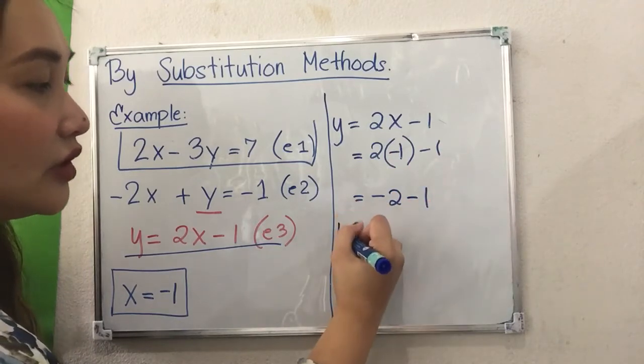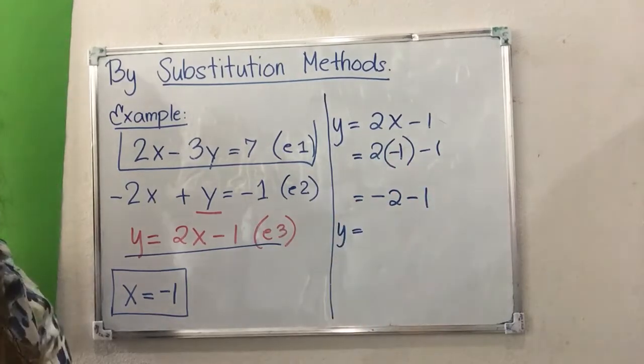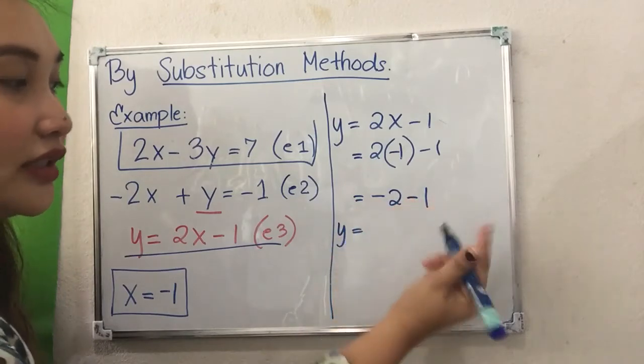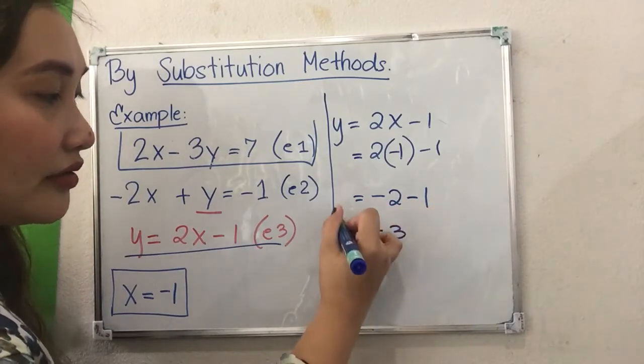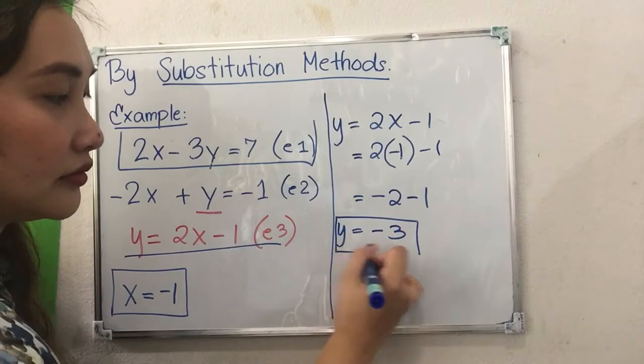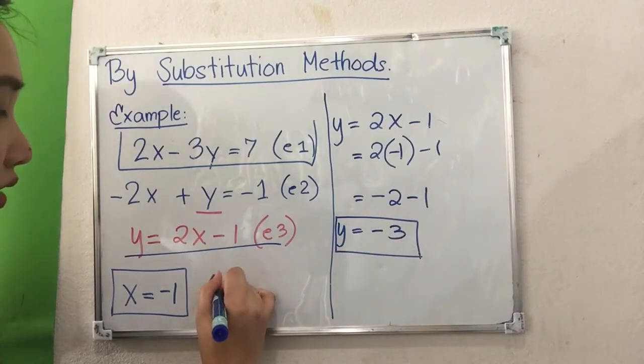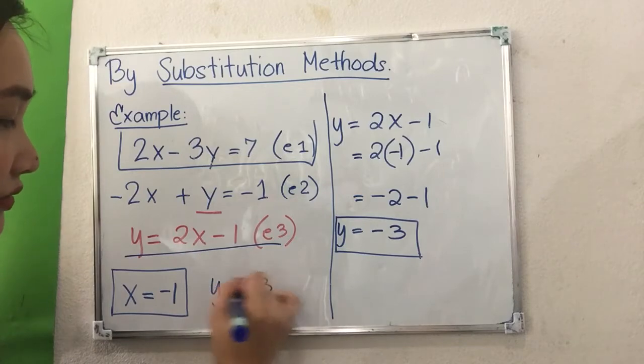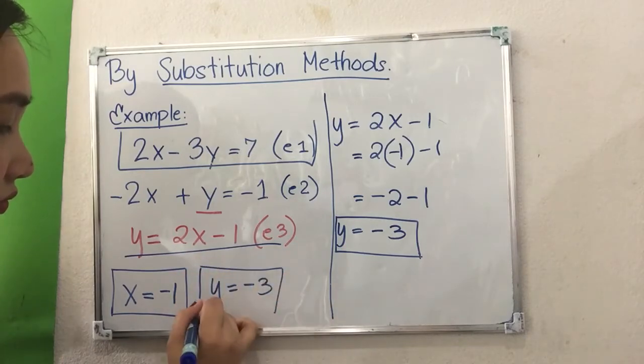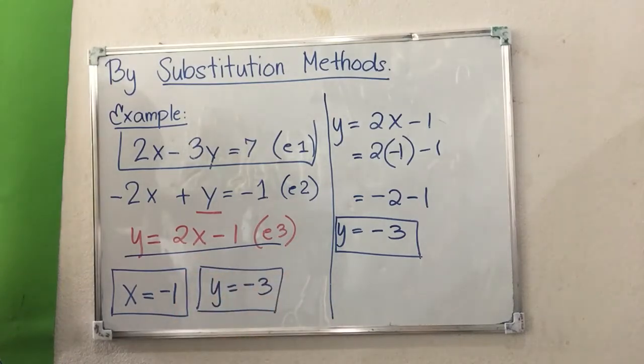So y is equal to negative 2 minus 1, that is negative 3. So the value of our y is equal to negative 3.